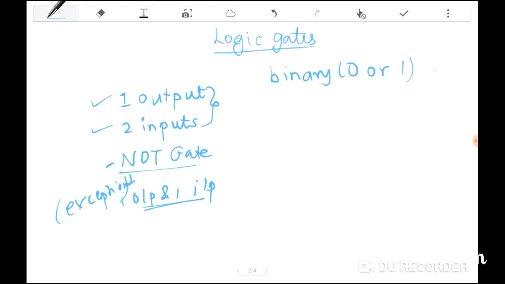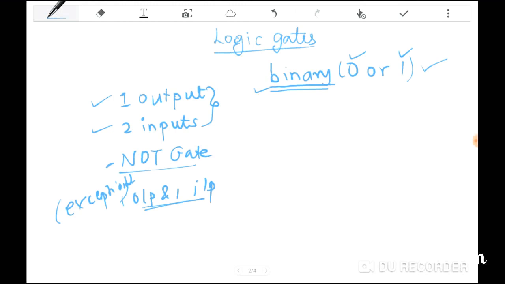This data is used in computer codes or computer language. The computer understands the language called binary. It doesn't understand a robot language or human language or any other language. It understands the language of ones and zeros.